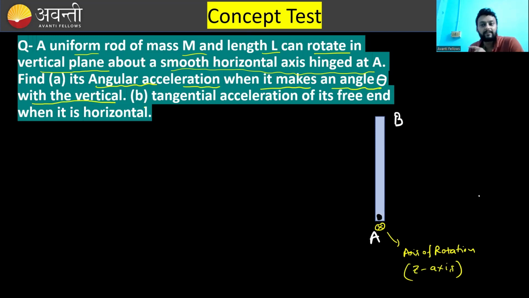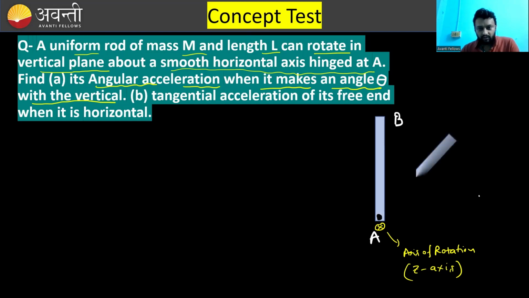Now the situation changes. The previous question said to find the angular acceleration at the time it is just released. Now they are saying the rod is here and it is rotating like that. So during this time, you need to calculate the torque.